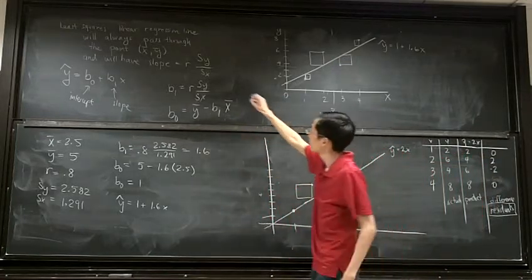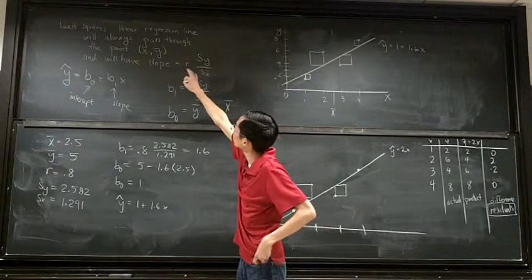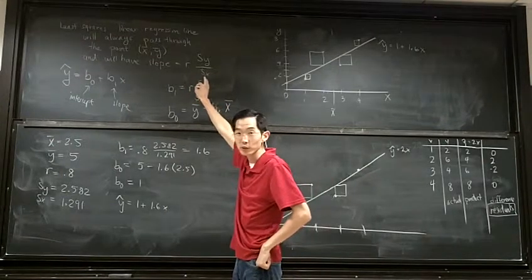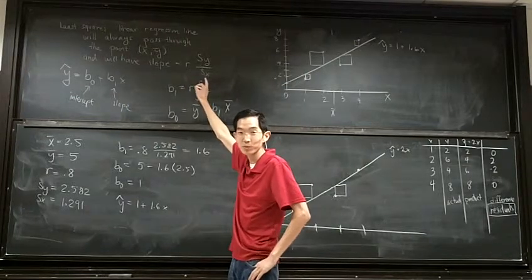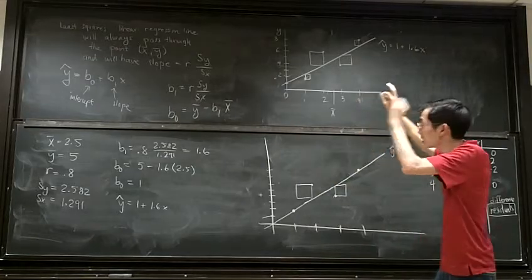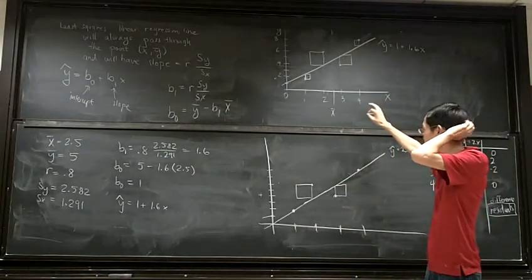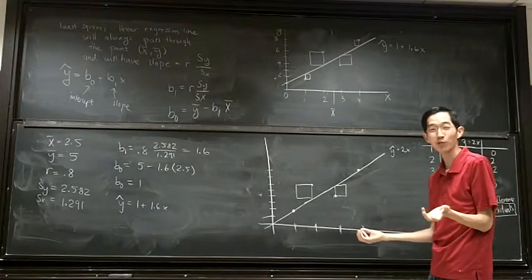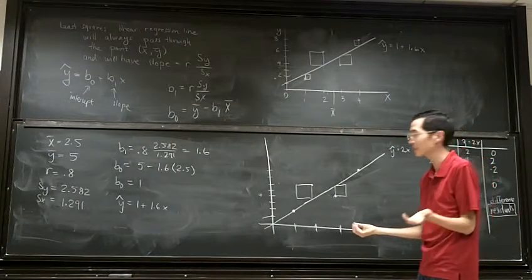Okay, so if I told you that, I told you the least squares line will always pass through x bar, y bar and will have the slope r times s y over s x. Okay, that's what the smart people figured out. So we can just go with that, alright? So if you accept that as truth, and it is true, do you remember point slope form from algebra? What was that?